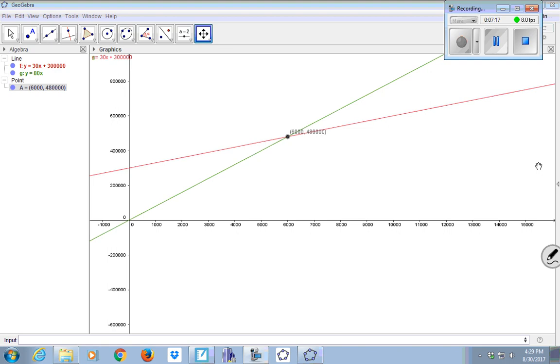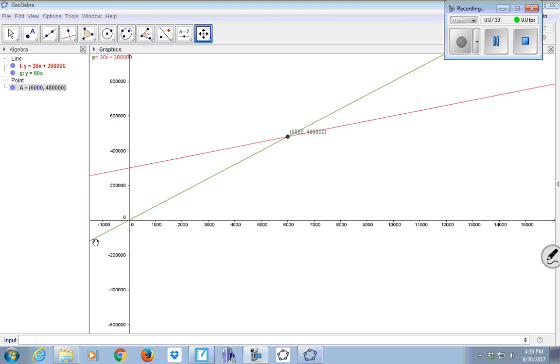It's always nice to have a visual for the algebra that you create. And in this problem, you can see that this red line represents the cost equation that we wrote a few minutes ago. It starts at 300,000 and it increases at $30 for each pair of shoes that's produced. And here's the equation up here.